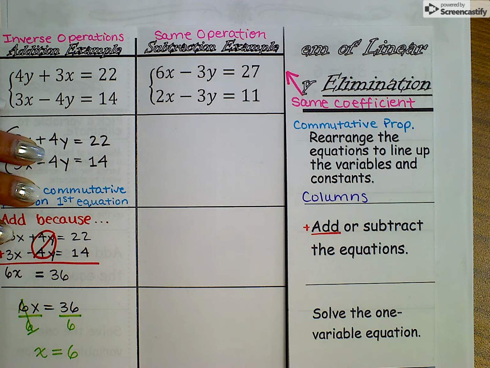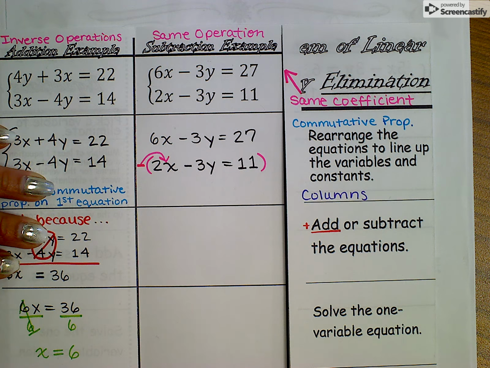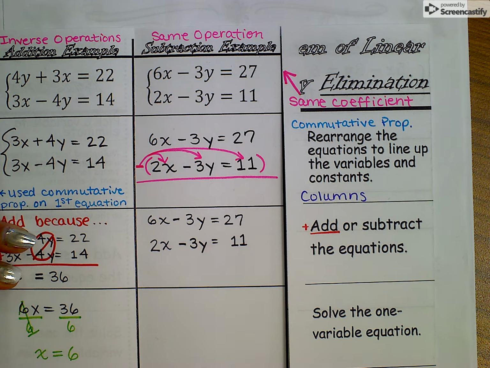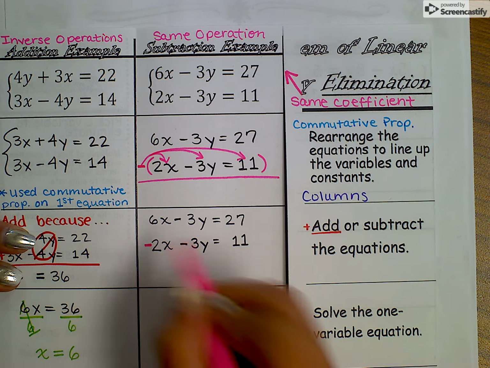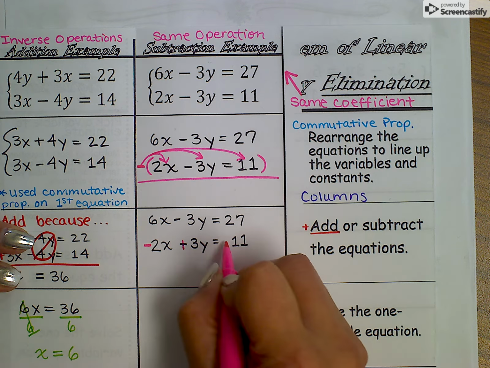Now, what most people forget is that we are subtracting every single column from each other. So what I'm going to do is distribute this to each column and then rewrite it. So I'll get negative 2x, negative times a negative, that would be plus 3y, and then minus 11.